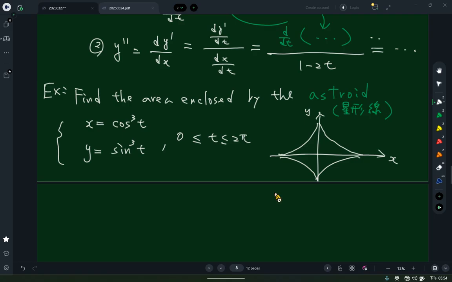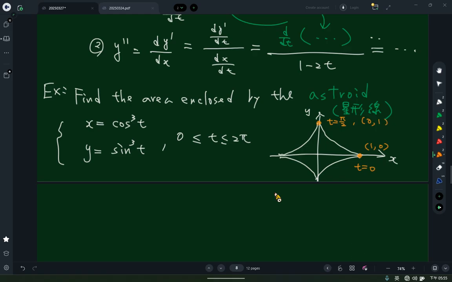Okay, so how can we get this one? Actually, you can just use t is equal to 0. Then you can get this point 1, 0. Then you can also use t is equal to 1/2 pi. You can get this point 0, 1.